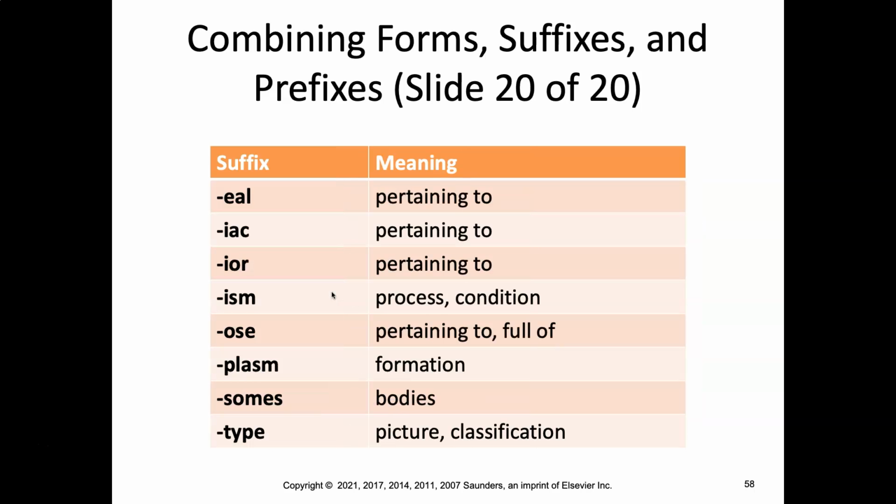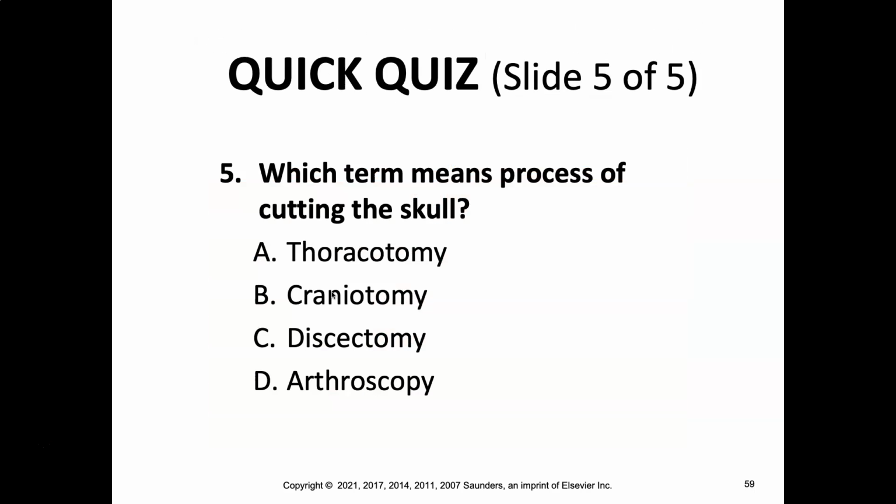Some suffixes: eal, eac, eous, ous. Look at all that. You've got four that mean pertaining to, but ous can also mean full of. Ism, process or condition. Plasm, formation. Somes or zomes, bodies. Type, picture or classification.